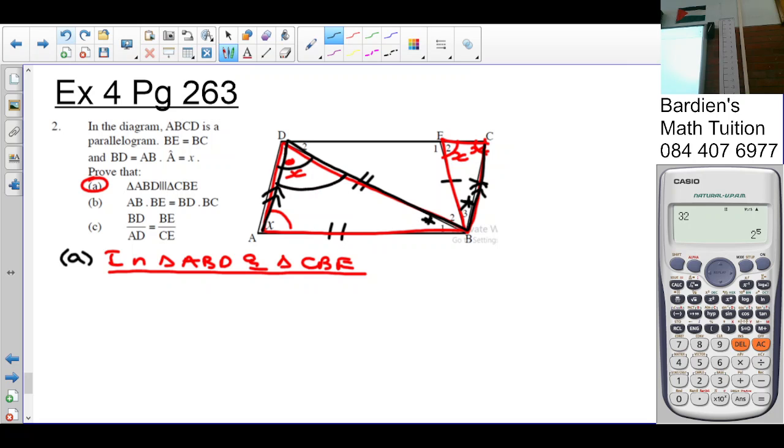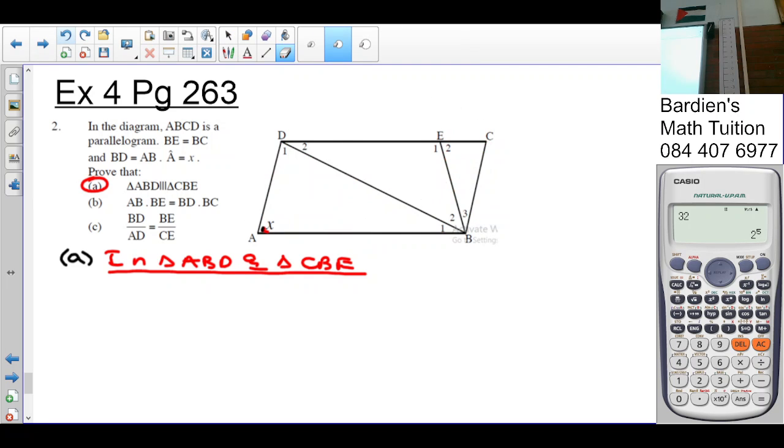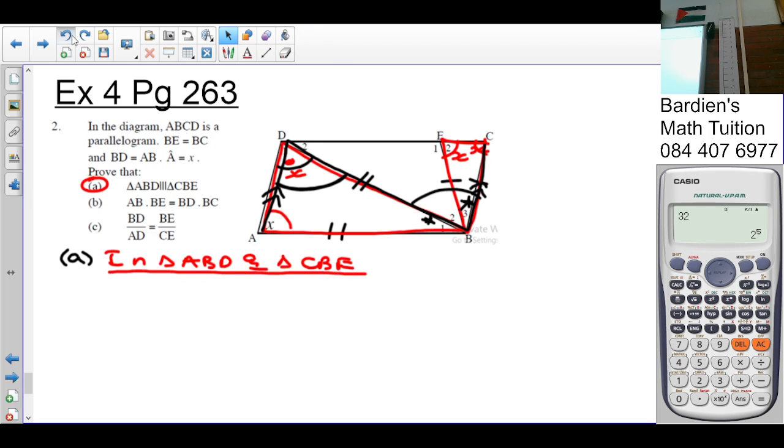This angle here is actually equal to that whole angle. Make sense? Could I have said it's alternate? No. Okay. Let's take it off again. Let's keep the information that we have.